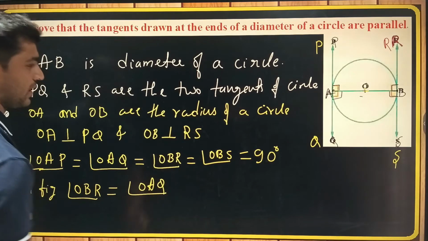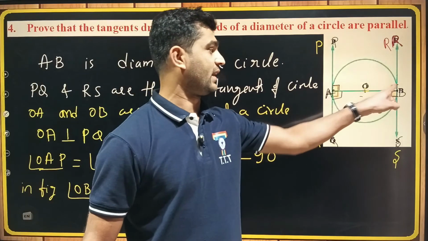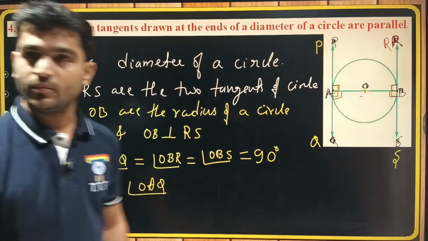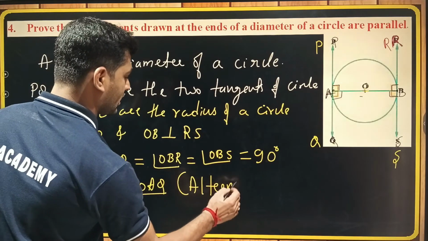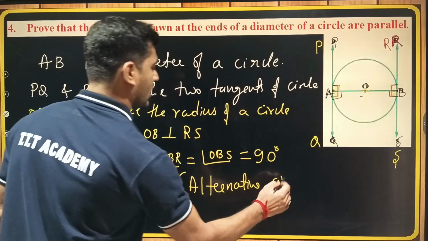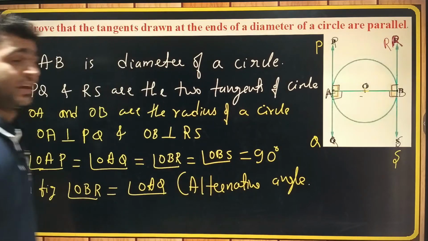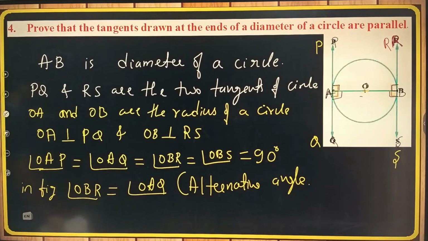OAQ ಎರಡು ಸೇಮ್ ಅಲ್ವಾ? If it is here is 90 degree, be here also 90 degree ನೇ. ಯಾಕಾಗಿ ಇನ್ನೊಂದು ಹೇಳ್ಬೋದು ನೀವು ಇಲ್ಲಿ alternative angle. If that is alternative angle ಏನಾಗಿರ್ಬೇಕು? Then according to this condition, I can say angle OBS even OAP.